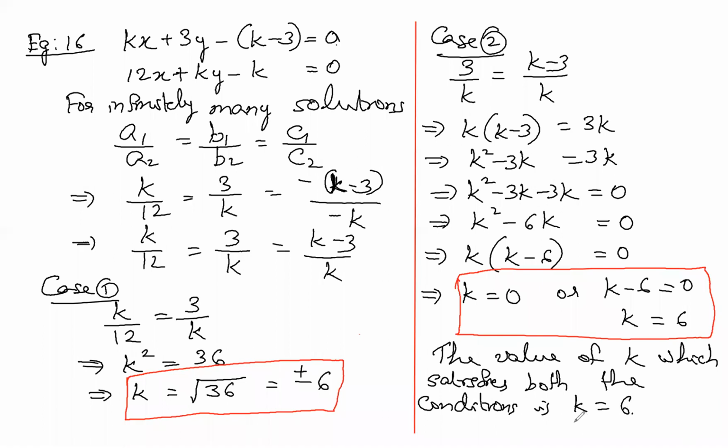Therefore, the ultimate solution is k is equal to 6. Okay, so this type of two cases will be there in infinitely many solutions questions, and you will write the conclusion accordingly.